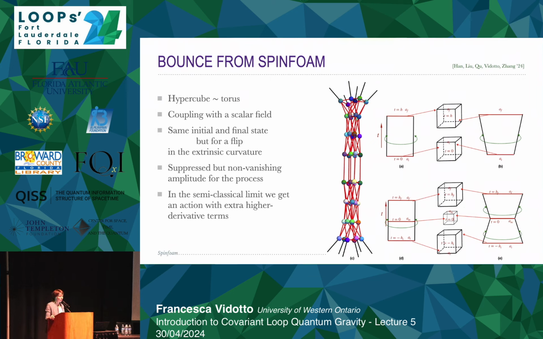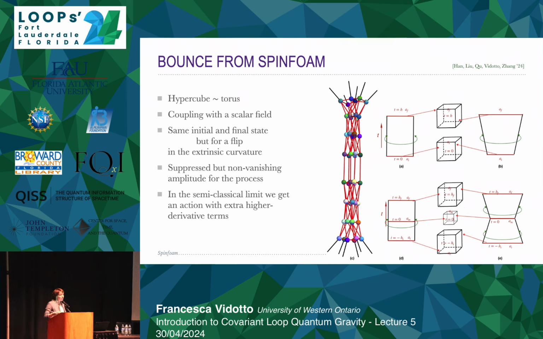So you mentioned that the probability of this tunneling happening is the dominating situation. No, I'm saying something else. I'm saying that the amplitudes in spin foam are maximal when they are peaked on classical solutions.